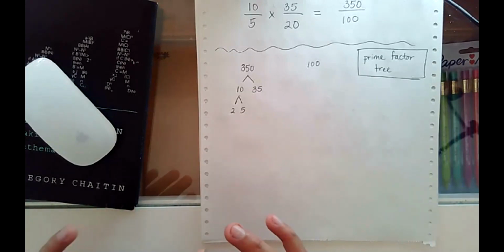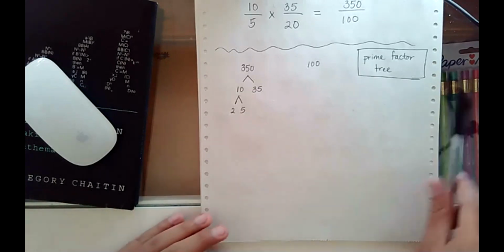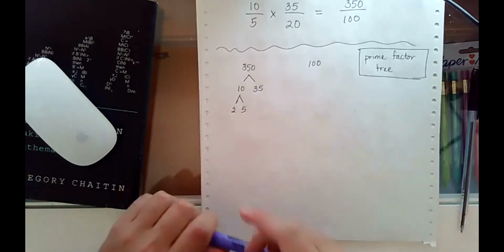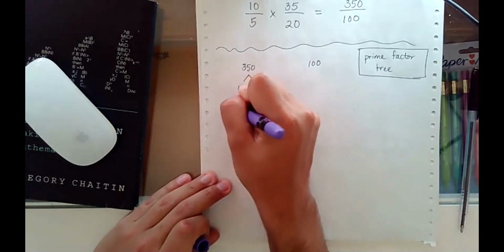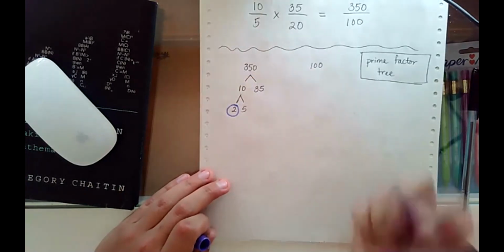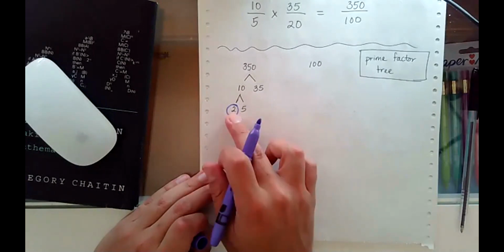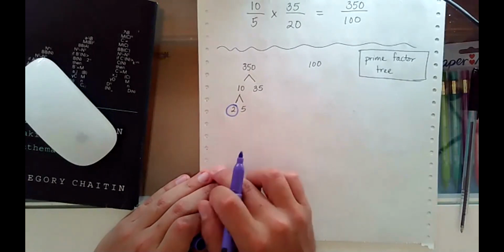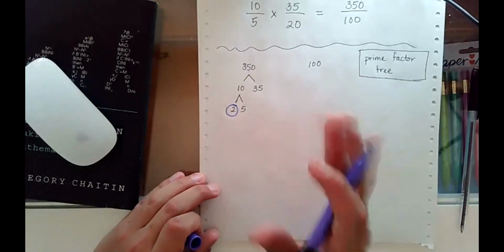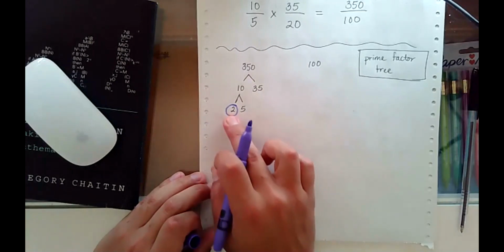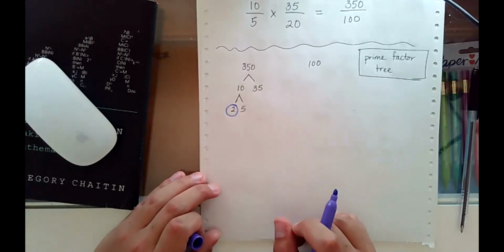So they're the essential basic building blocks. So once we get to a prime number, I'm just going to circle it, because we can't break that down any further, because it wouldn't help us to break it down into 2 times 1. Because then we would break down the 2 into 2 times 1 again, and it just doesn't help. So once we get a prime, go ahead and bag that up.